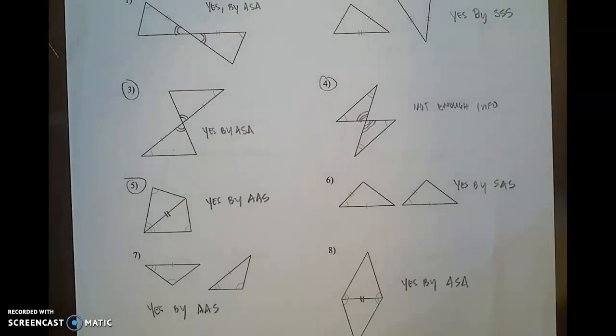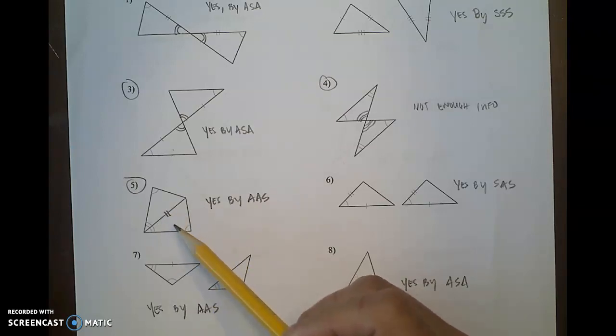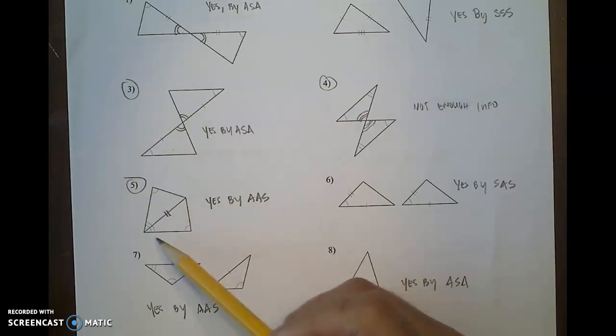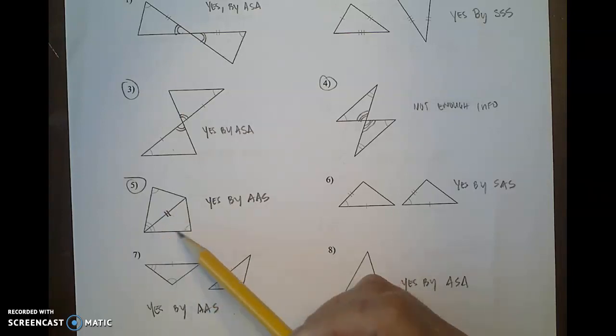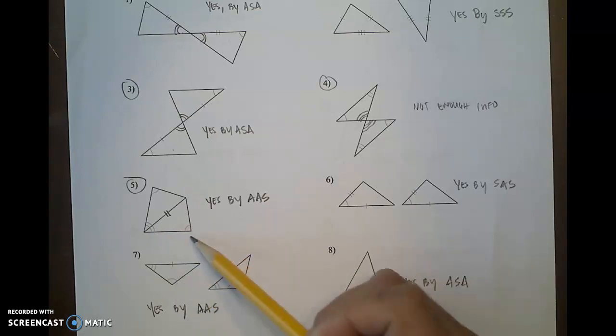Number 5, these 2 triangles share that side, so we're going to tick mark those, and that's a side that is common to both. With that tick mark and these angle tick marks, this gives us these 2 triangles congruent by angle, angle, side, AAS.